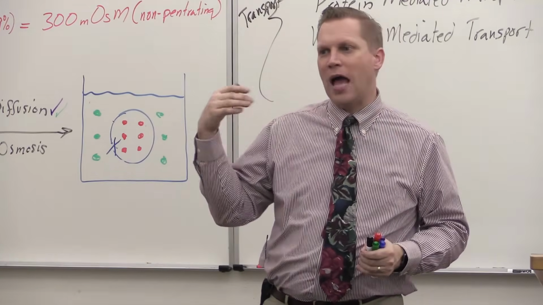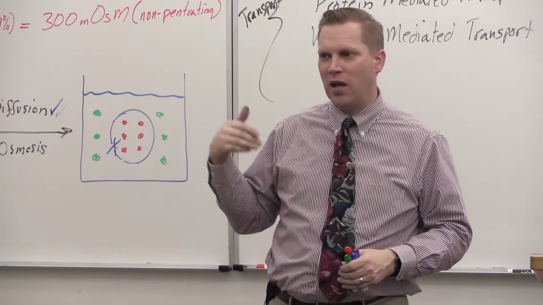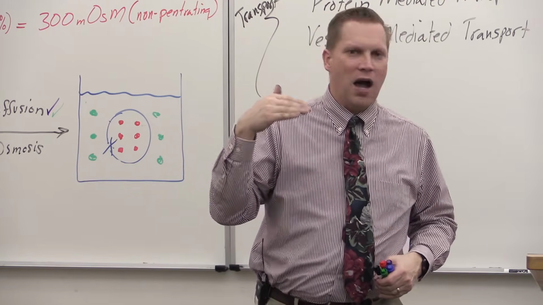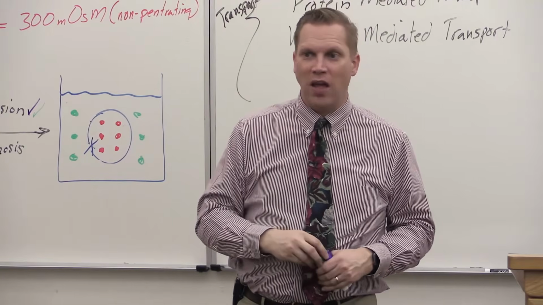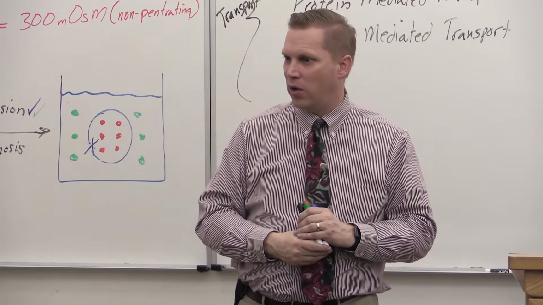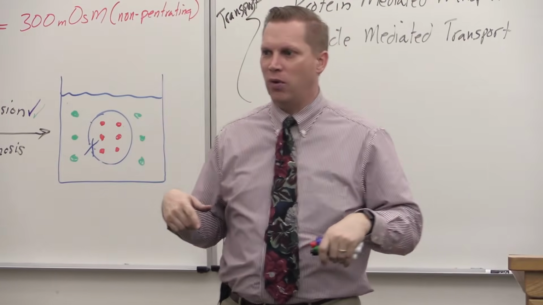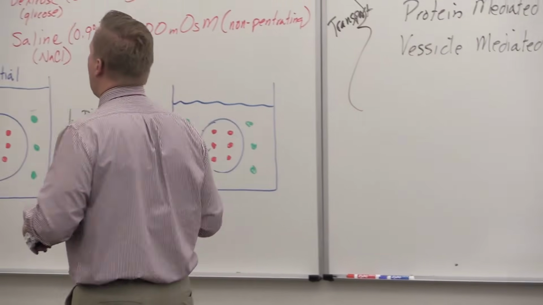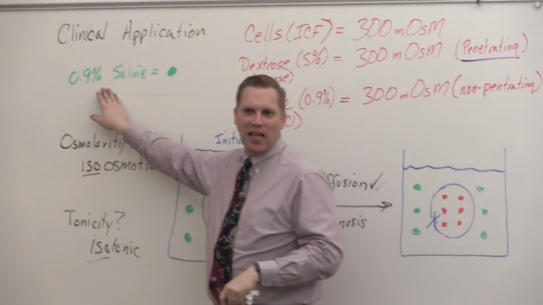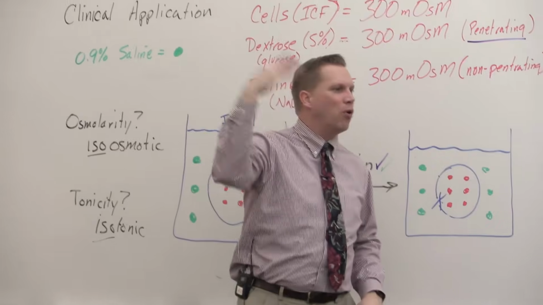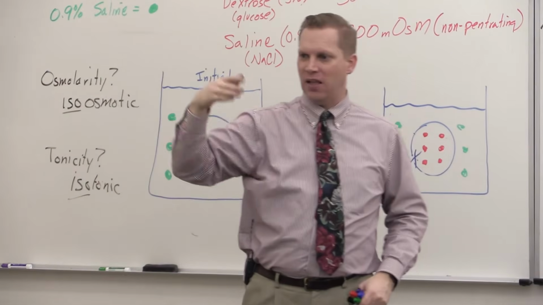So what would happen? You might do some problems where you ask yourself, what would happen if instead of 5% dextrose, I had 2.5%, or 1/2 the osmolarity? What if I had 10%, or double the osmolarity? What if I had 0.45 saline, half the osmolarity? What if I bathed it in 1.8, or double the amount of saline?